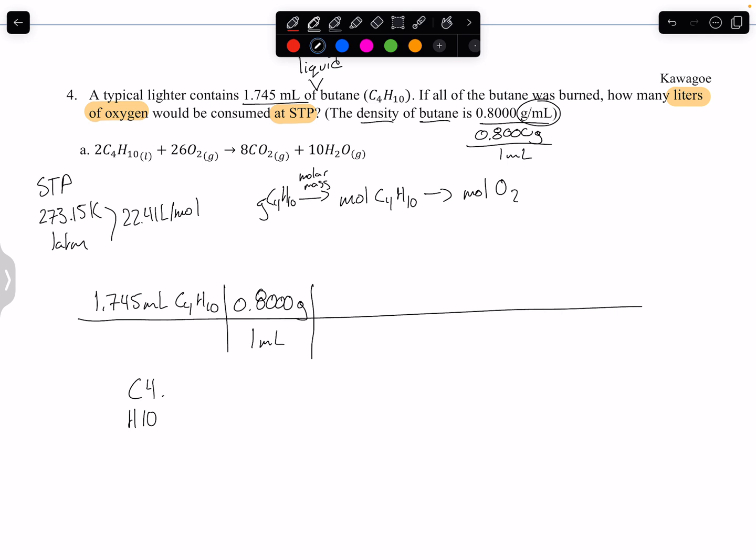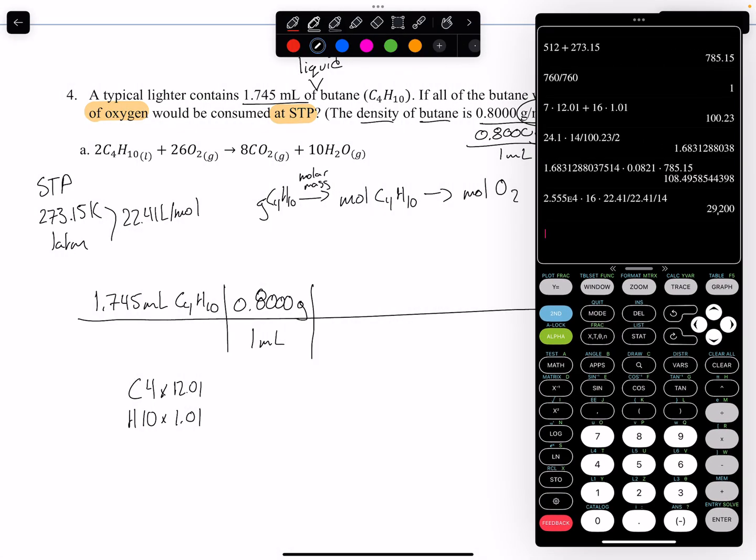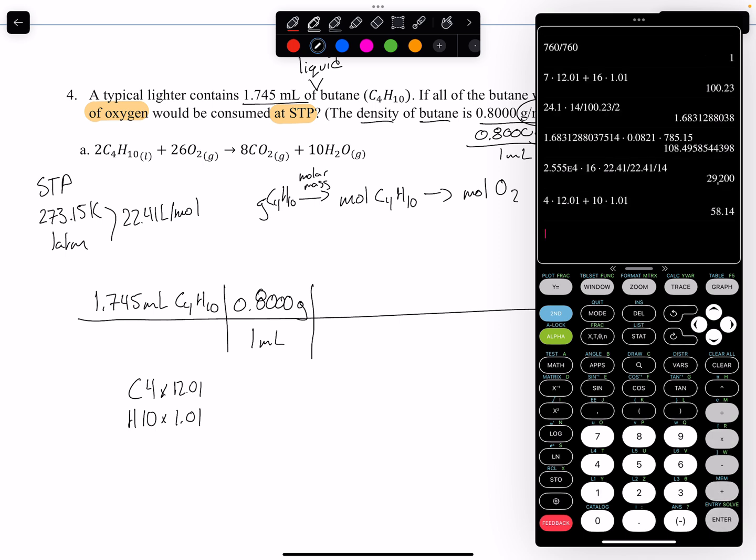C4H10, I need my molar mass. So we're going to multiply by 12.01 and by 1.01. And these molar masses on your calculator, you can do them this way. So 4 times 12.01 plus 10 times 1.01. Give it a shot, try it out, compare it to the way that you normally calculate it, and it should give you the same thing.